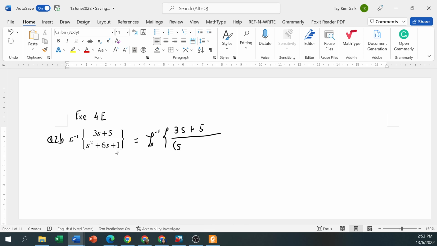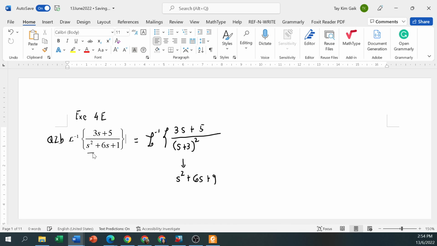You divide the linear term by 2, so 6 divided by 2 gives plus 3. Close the bracket and square it. When you expand back, you actually get s squared plus 6s plus 9.